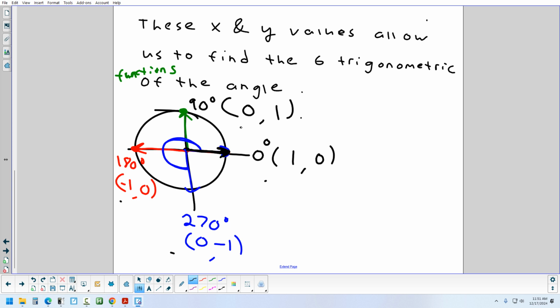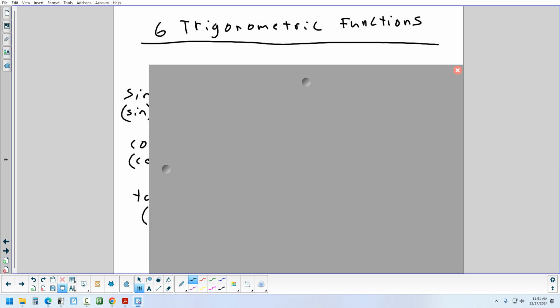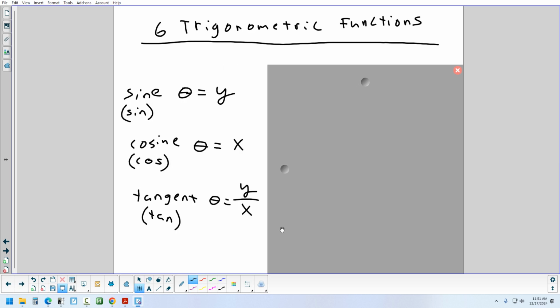Right. So like for 90 degrees, what's the x value? 0. And what's the y value? 1. Knowing that the x value is 0 and the y value is 1 would help us to figure out all the trig functions of 90 degrees. So how do you do it?